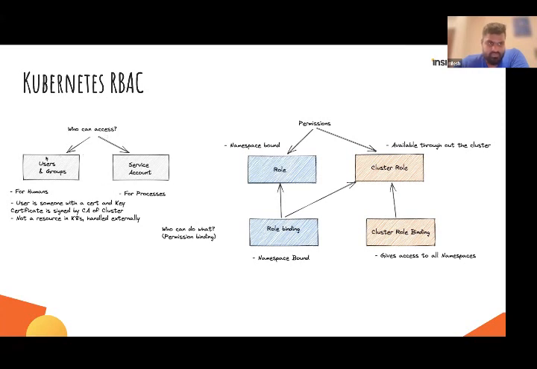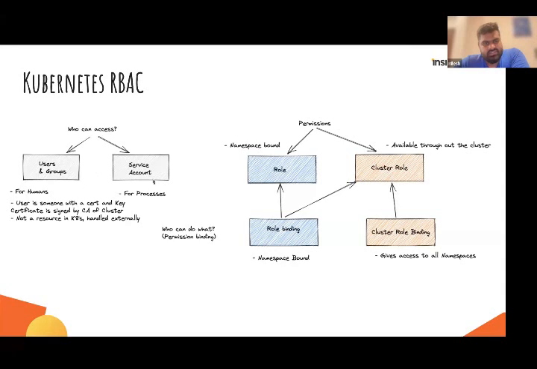Usually, if you are giving access to humans, each human should create an SSH key pair or certificate key pair, and somebody who has access to the Kubernetes cluster has to validate it, and then you will have access to whatever roles and permissions you are given.